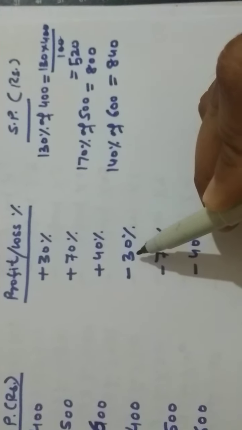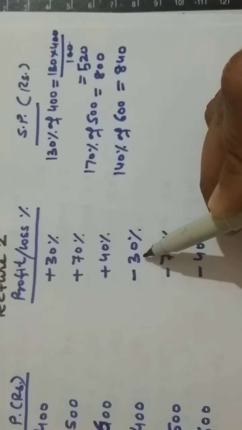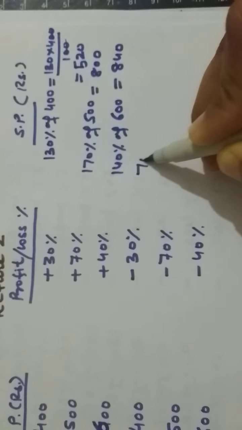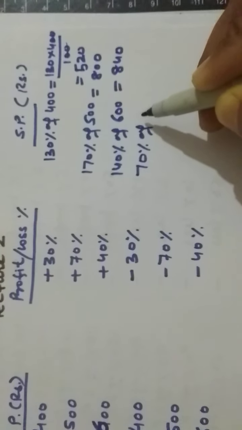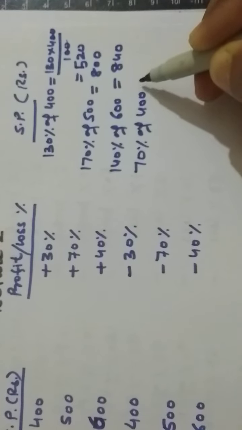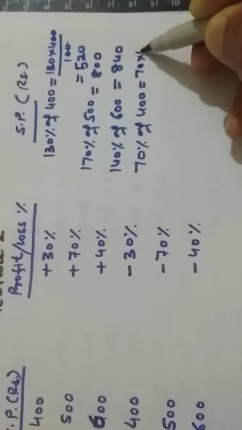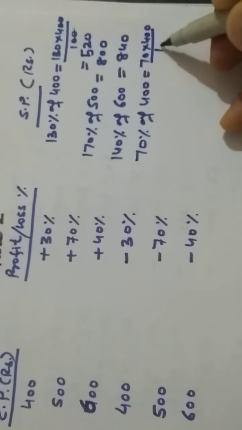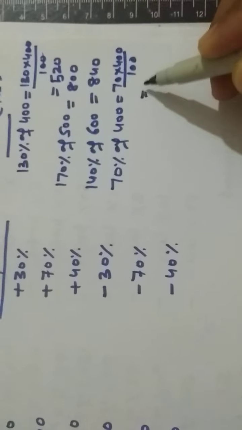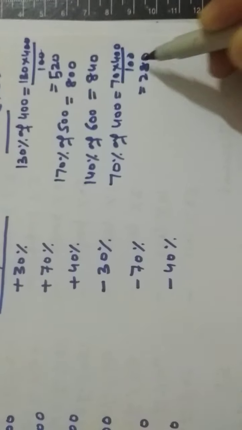In the next example there is a loss of 30%, so selling price is 100 minus 30, because we get 30% loss. So selling price is 70% of cost price, 70% of 400, that is 70 into 400 upon 100, which is equal to 280 rupees.